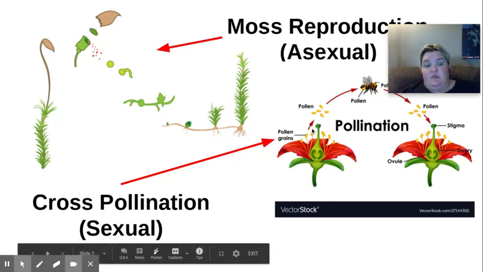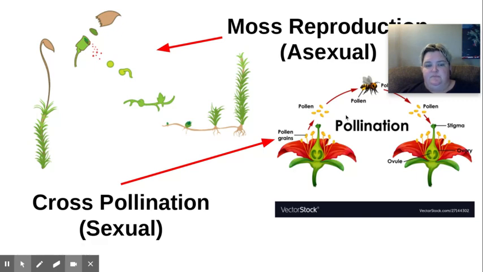Then the next one, which we started to talk about there, is with seeds. You have cross pollination or sexual reproduction that happens here. And this is where you have two separate plants that are part of it. The pollen from one is going to be planted on the stigma from the other. And how this happens, we talked about before, can be from the wind.